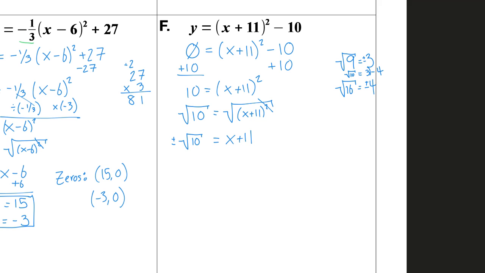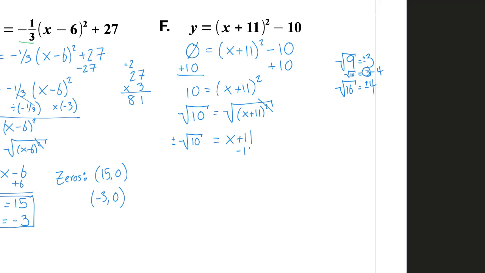It's probably going to be closer to 3 than 4. So this is a point where you could put this into your calculator if you'd like. You'll get some nasty decimal and you could round off. That's fine. But to be more exact, oftentimes if we have something like this, we leave it just as the plus minus square root of 10. We call it a radical. We just leave it like that.